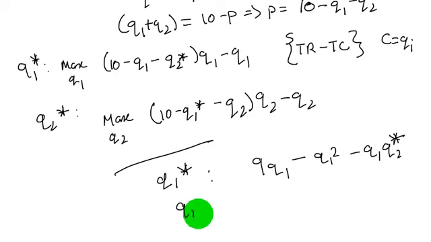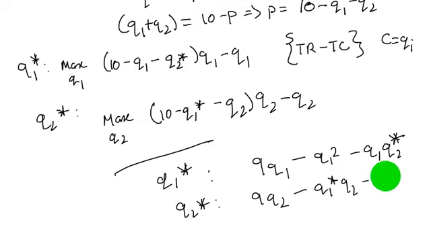Similarly for Q2 star we have 9 Q2 minus Q1 star Q2 minus Q2 square.